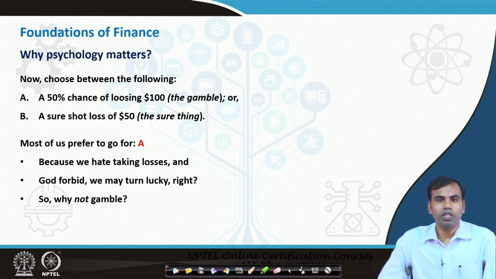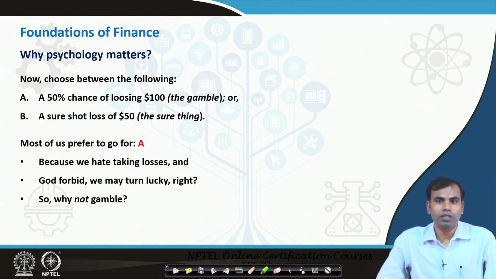The inference from these two alternative examples is how our behavior is affected by the context, or the change in presentation, or the change in the nature of the situation that we are in.